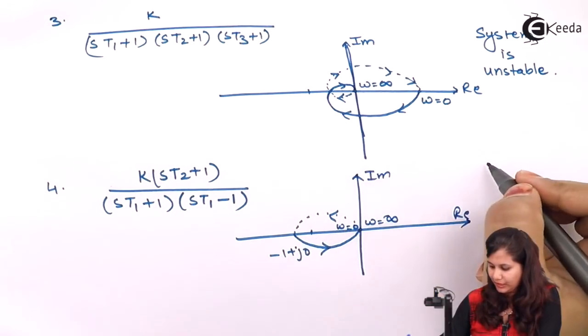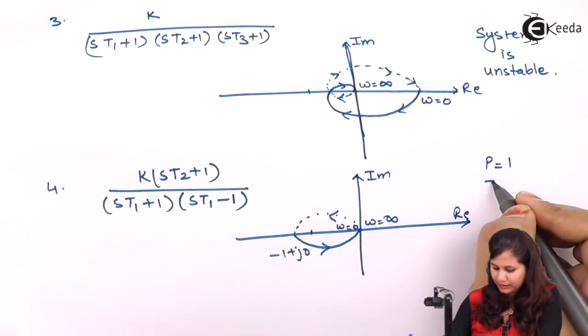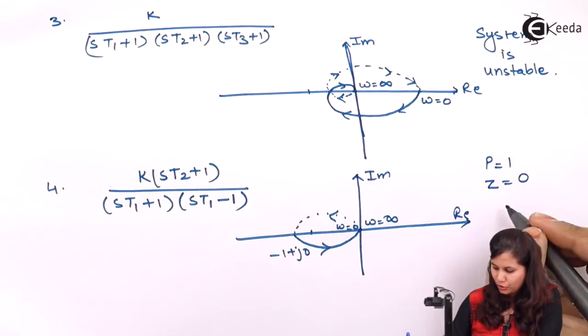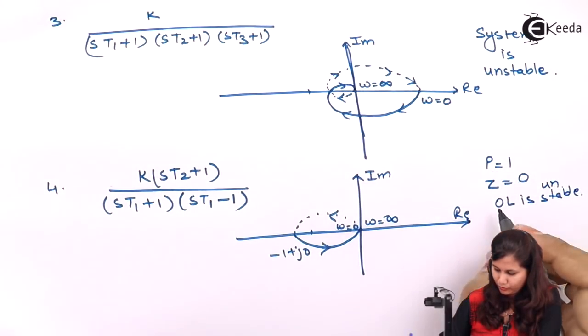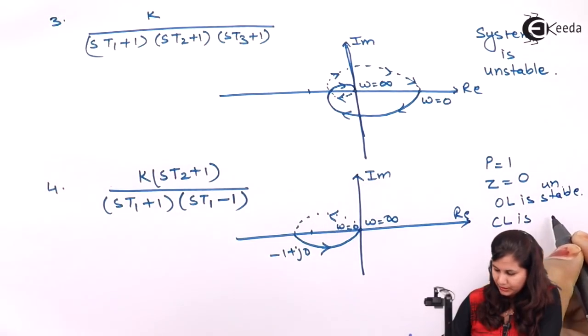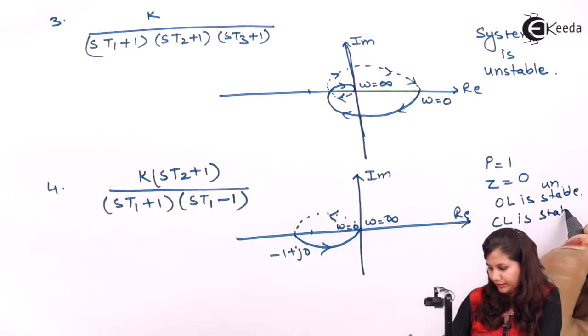So for this we have P equals 1 and Z equals 0. So open loop is, sorry, unstable because P equals 1, and closed loop is stable.